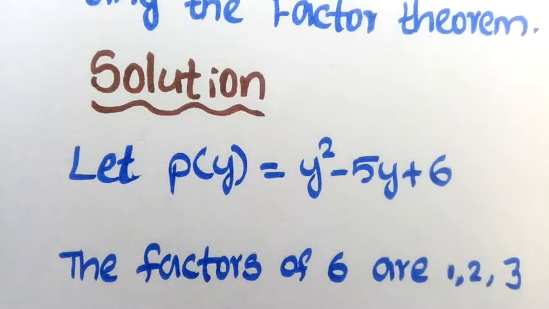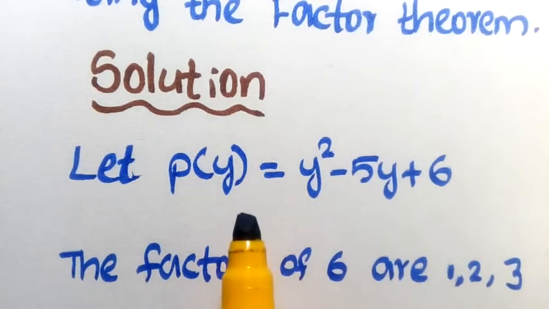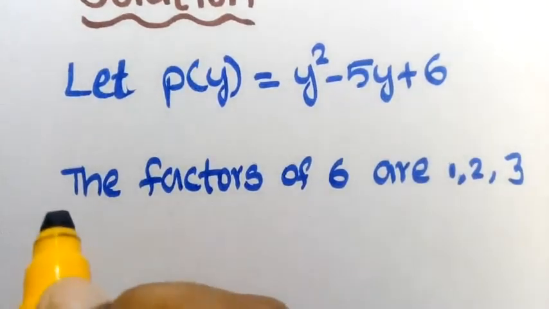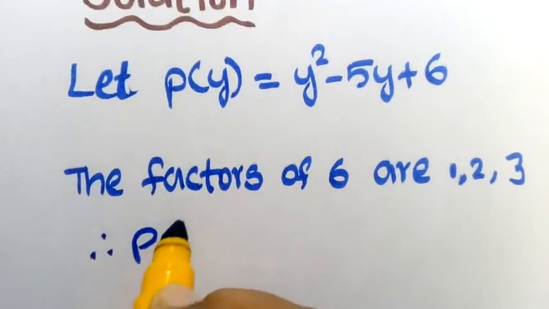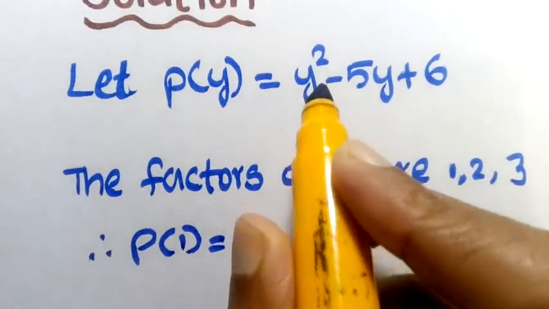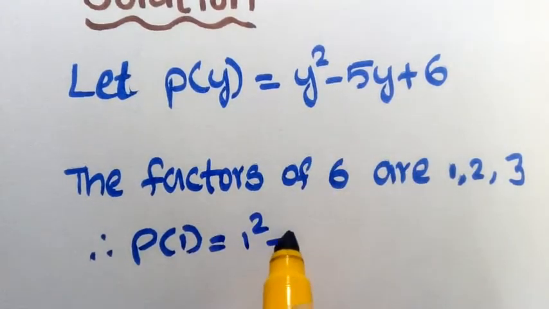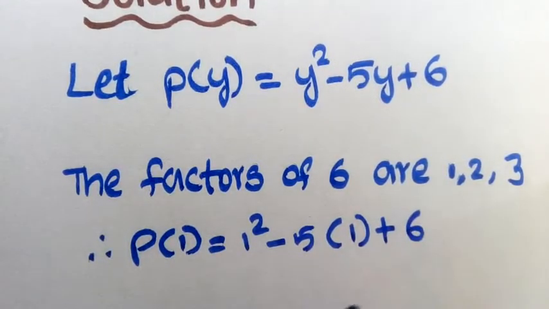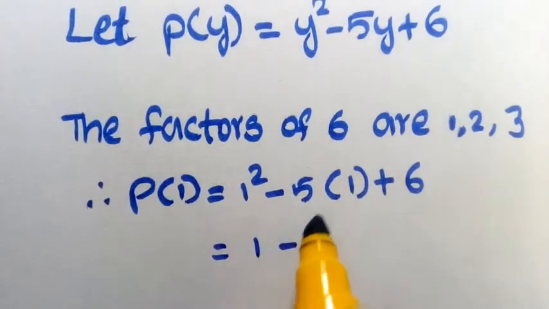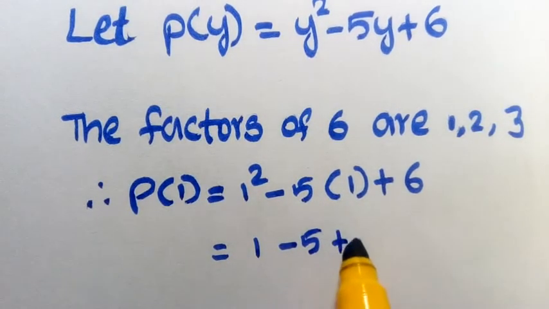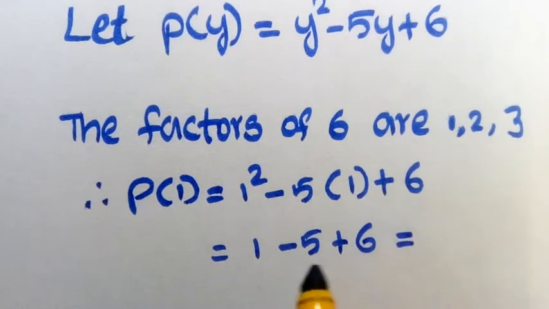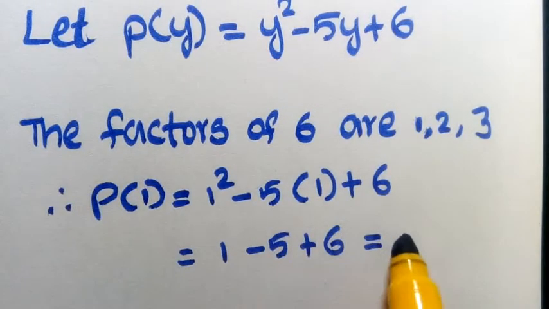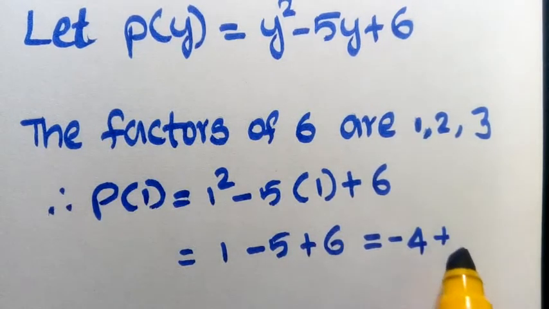So by trial, first let us substitute the factor 1 in p of y. Therefore, p of 1 is equal to y square, so 1 square minus 5 into 1 plus 6. 1 square is 1, minus 5 into 1 is 5, plus 6, which is equal to 1 minus 5 is minus 4 plus 6.